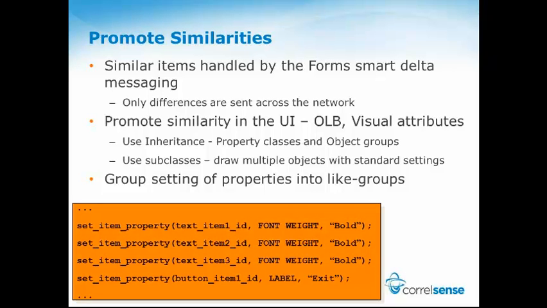Another thing that's very interesting is Oracle Forms also understands properties when it comes to triggers. Okay, for example, set item property. If you have an area where you do 10 set item properties in a row, Oracle Forms is smart enough to send only one message of set item property, and then just the difference in the parameters for each of the items, like just the item name, weight, and if it's changed to bold, for example.